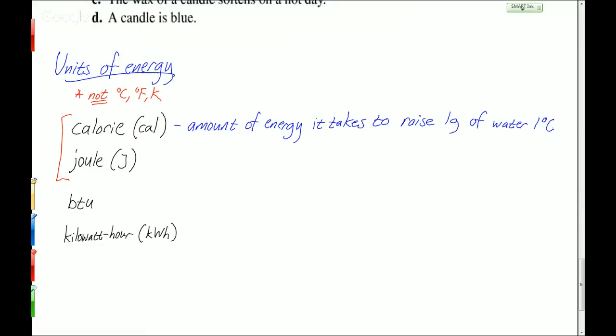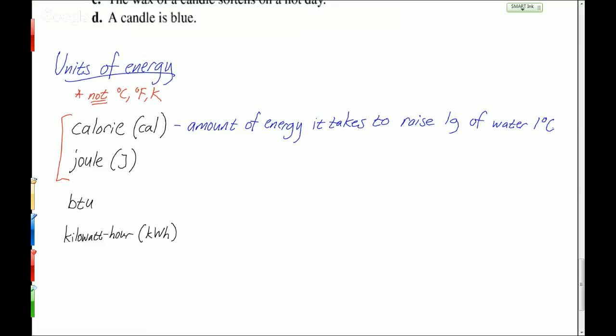So that scales like that. This is a really nice unit for measuring things in the lab because we can easily measure our water changing temperature, and then figure out how many calories of energy it took to change the temperature of that water. And that's one thing that you're going to do in lab today.